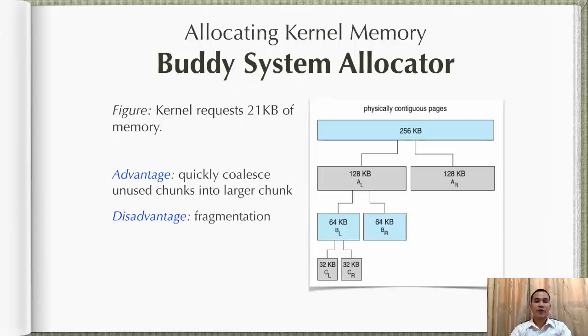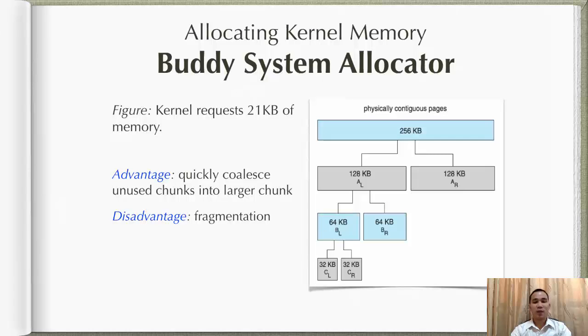In this figure, for example, the kernel requests 21 KB of memory. So CL, 32 KB, is the segment allocated to the 21 KB request. It has the advantage of being able to quickly coalesce.